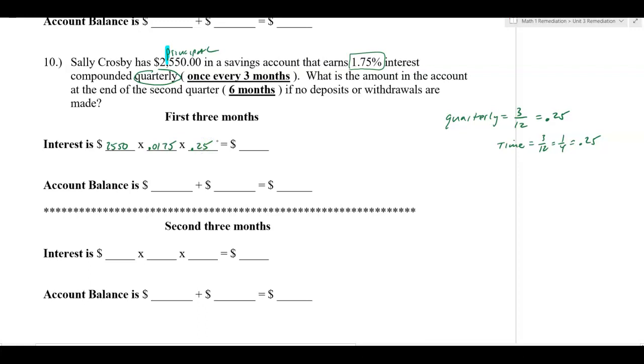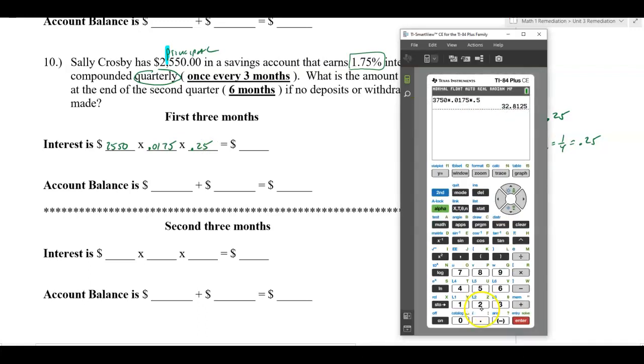When I multiply this out, 2,550 times 0.0175 times 0.25, that would give me $11.16. Now I'm going to take the principal, 2,550, and add the $11.16.